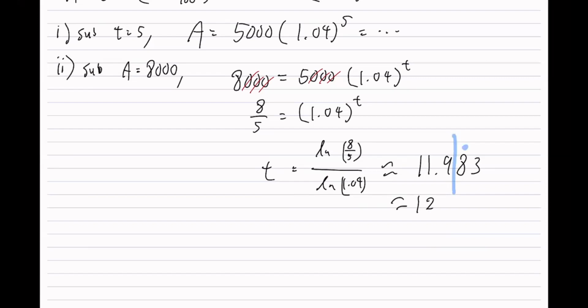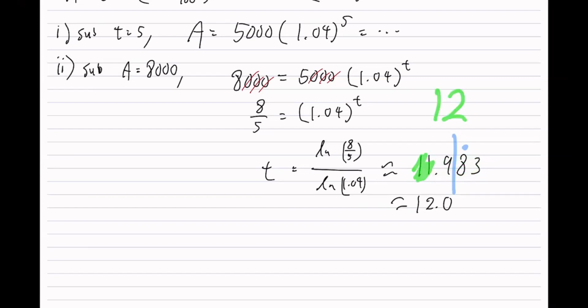12.0, yes, good. Okay, so actually here they're asking how many years. 11.983 years means that you exactly hit your $8,000. And since this is compounded annually, it means that by the end of 11 years you haven't reached the amount, but by the end of 12 years you will hit the amount.